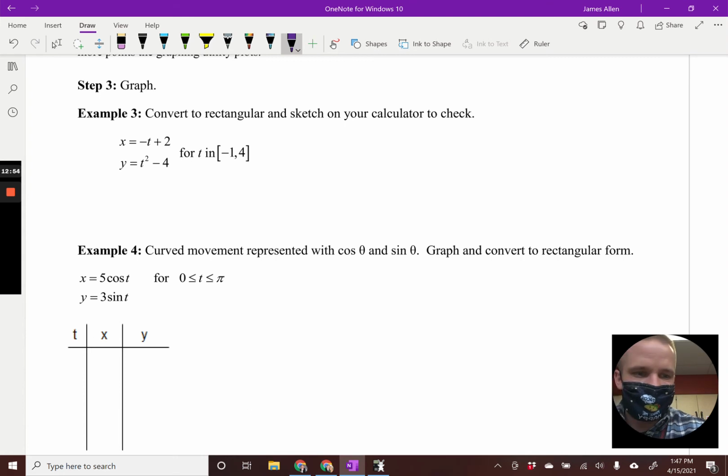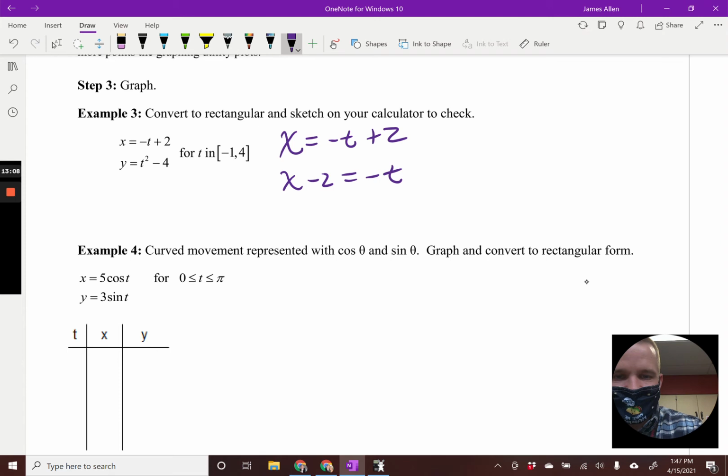And I'm also going to be able to have y equals something then, which is obviously also easier for graphing. So I'm going to have x equals -t plus 2. I'll go ahead and subtract 2, so I get x minus 2 is equal to -t. If I divide by -1, I'm going to get -x plus 2 equals t.